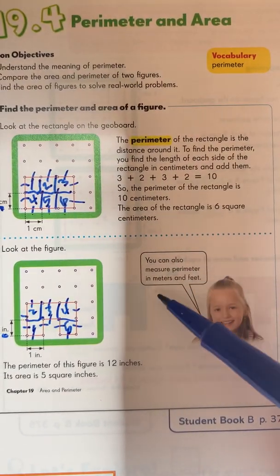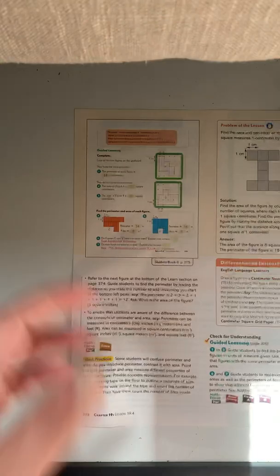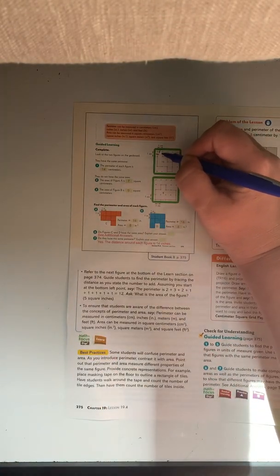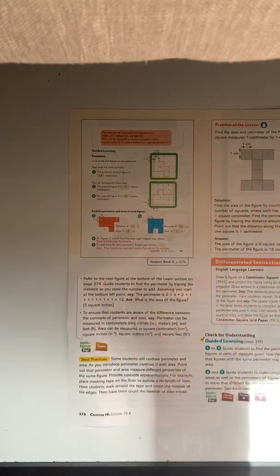You can also measure perimeter in meters and feet. So those are 2 other units of measurement that you can use when you're trying to find the perimeter of an object. Now, if you notice when I was finding the perimeter, I actually put little dashes or lines as I was trying to figure out what the perimeter would be.